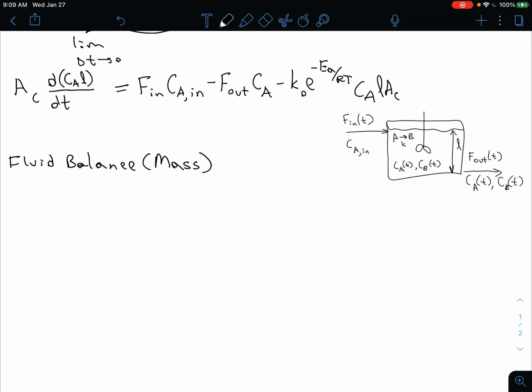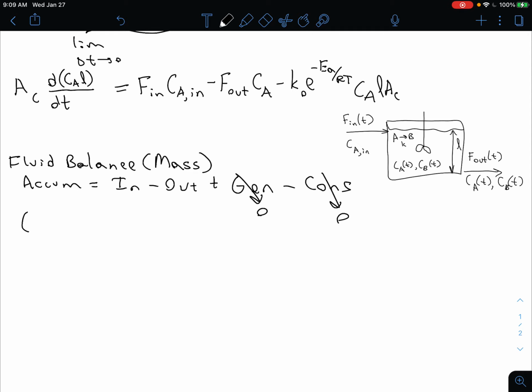So for the mass, let's write our usual accumulation equals in minus out plus generation minus consumption. Mass is not generated or consumed in this system. Accumulation refers to how much mass is in the tank and how much that changes over the interval t to t plus delta t.